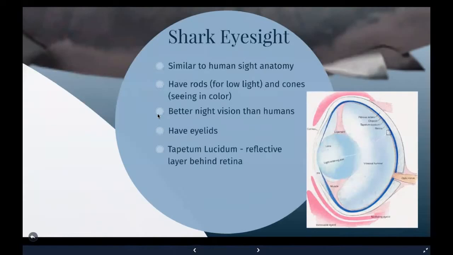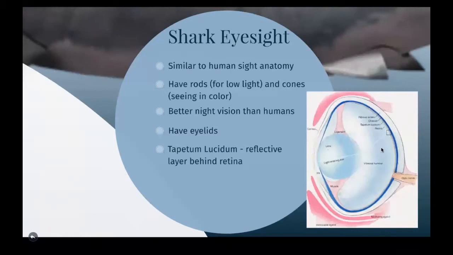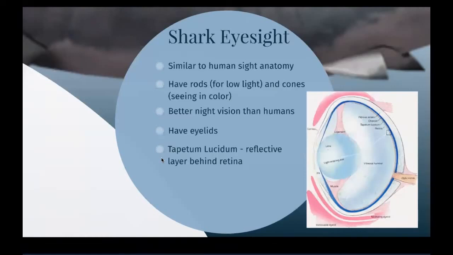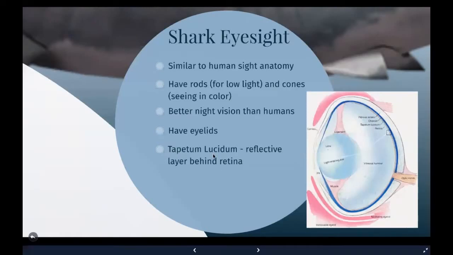They actually have better night vision than humans. They do have eyelids, and they have a tapetum lucidum, which is a reflective layer behind the retina. The same type of mirror effect that you see with cats at night. If you've ever seen a cat's eyes shining back at you, it's because they have a tapetum lucidum.